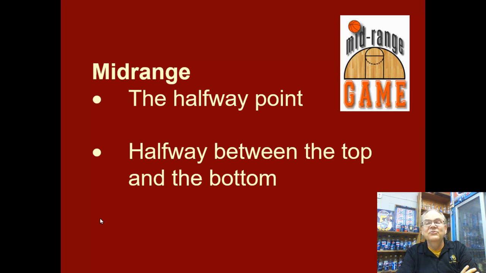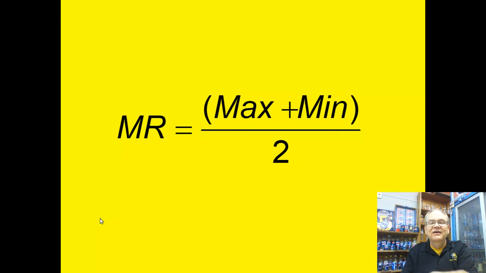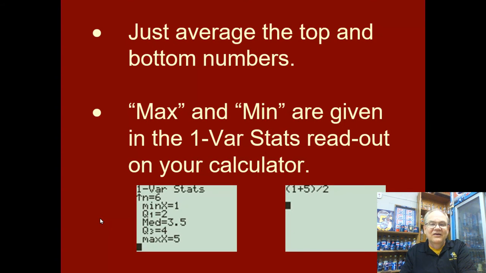What you're doing for mid-range is you're literally averaging the bottom number and the top number. So the formula for it says you take the maximum plus the minimum and you divide by 2. So whatever your numbers are, you just look at the smallest one, the biggest one, you add them up and you divide by 2. You're averaging top and bottom.